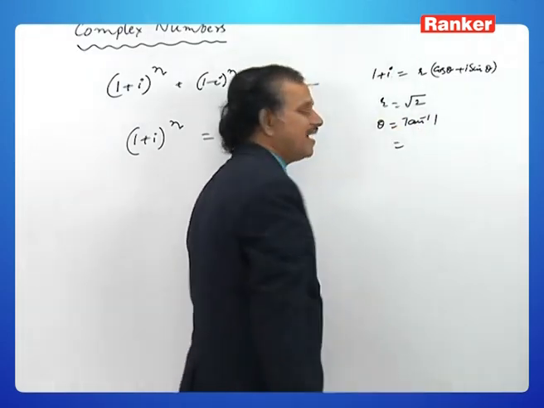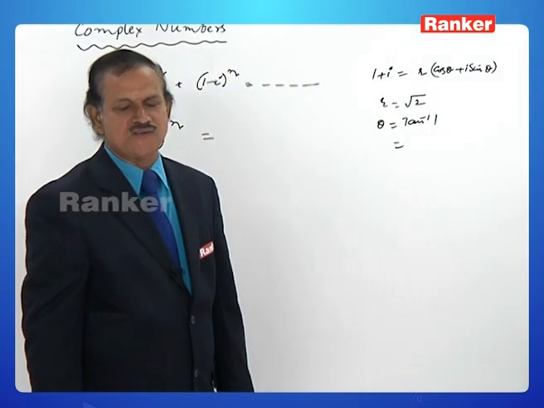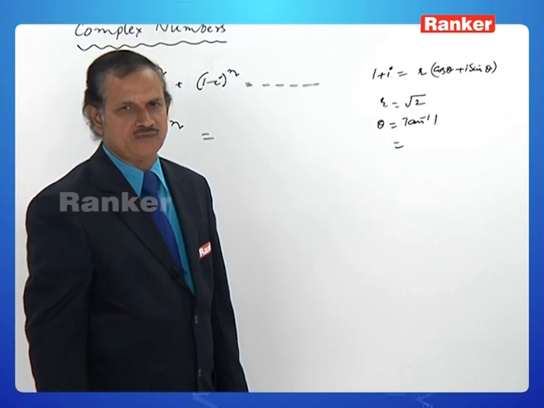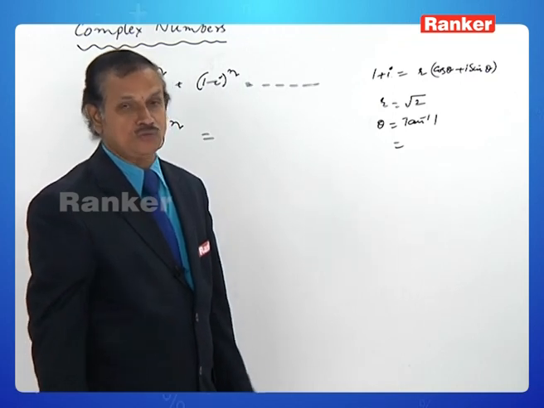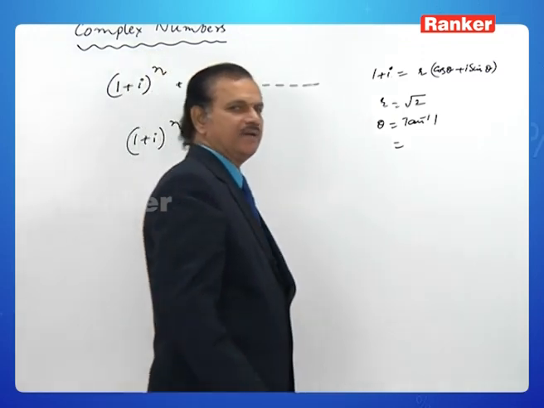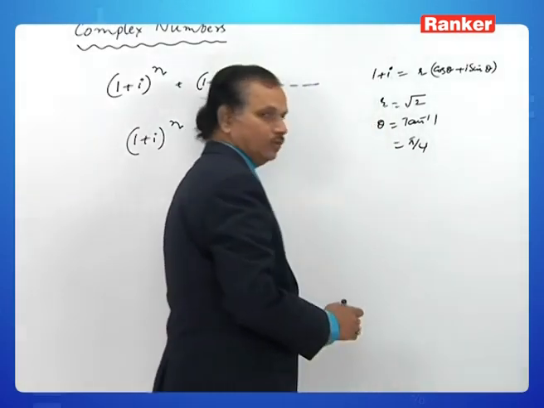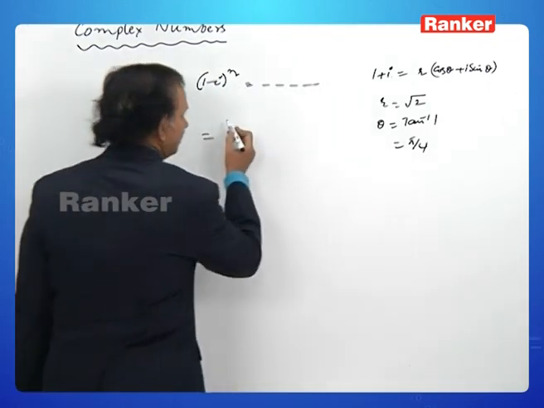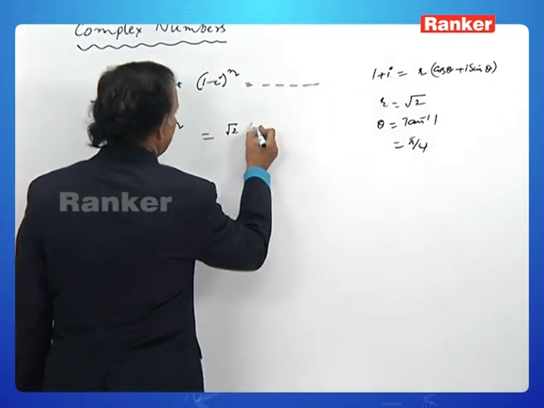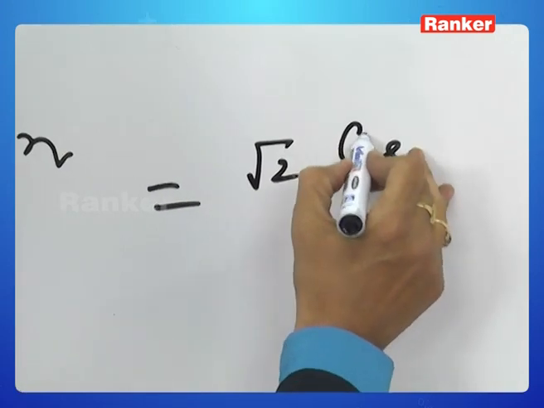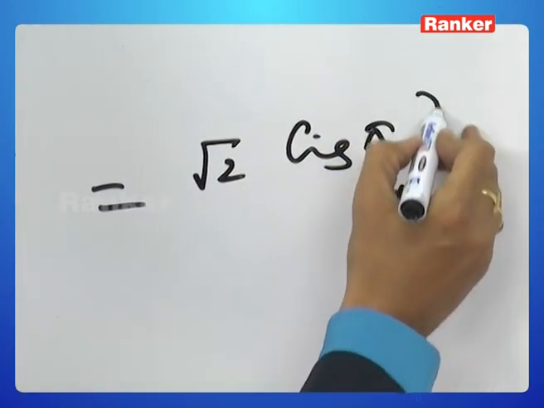You see the quadrant in which 1 plus I lies, first quadrant. Therefore theta should lie between 0 and pi by 2, hence it is pi by 4. Therefore this 1 plus I can be taken as root 2 into cis pi by 4 whole to the power of n.